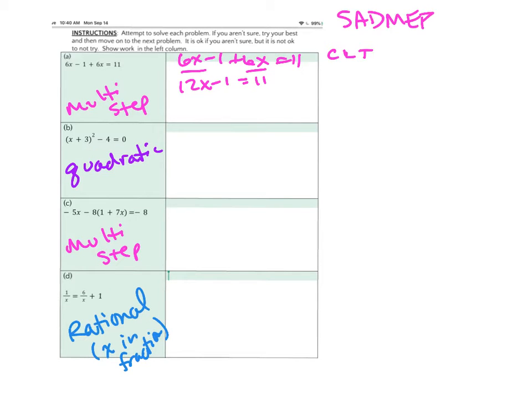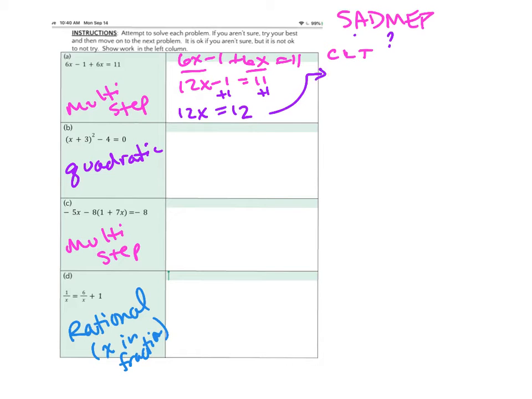Okay, so I would say, okay, do I have anything to add or subtract? Yes, I do. So I would say plus 1, 12x equals 12. Great. And then I'm like, okay, so I did that. Do I have anything here to divide or multiply? Yes.